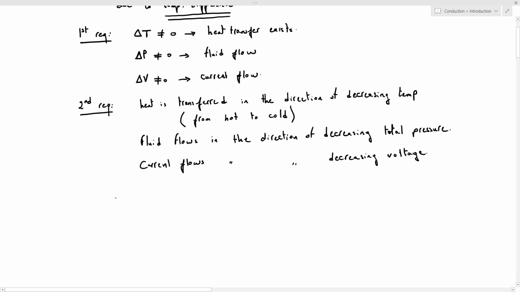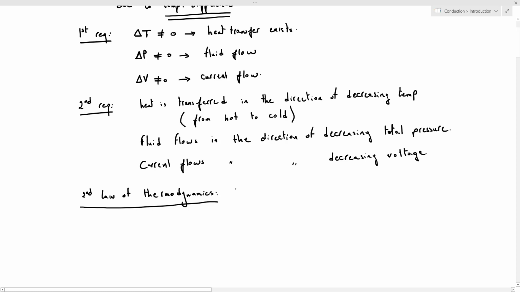We can also prove this using the second law of thermodynamics. You know that the second law of thermodynamics specifies the direction of a given process.